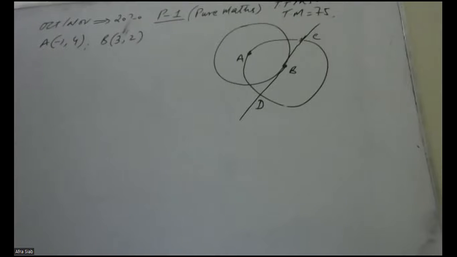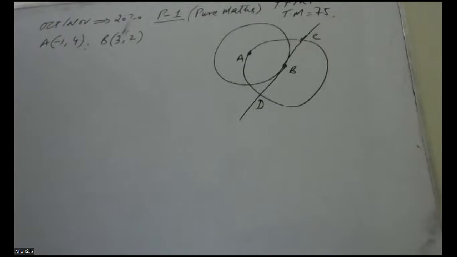The two circles A and B, with A as center (-1, 4), B having a center at (3, 2), and the circle B is also passing through the point A. There is a tangent CD at the point B, and you are going to show the equation of tangent CD.